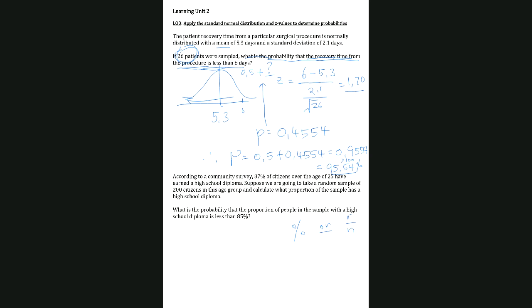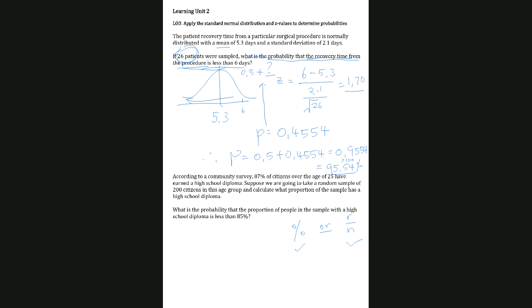So you'll calculate R over N, and that would be your proportion. So depending on the question, you'd either be given the percentage or you'd be given the values, and you'd be able to calculate the proportion.